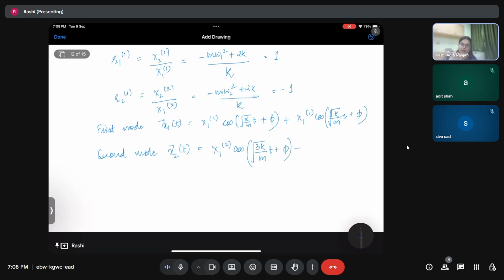Here it is going to be a minus, because if you look over here, the ratio is minus 1. So x2 of 2 can be written as minus of x1 of 2, minus x1 of 2 cos of omega t plus phi. Okay, I hope this is clear.